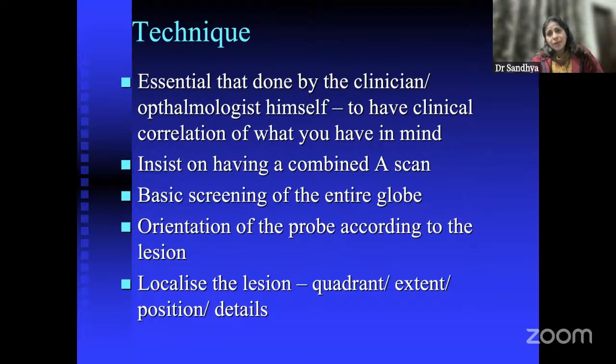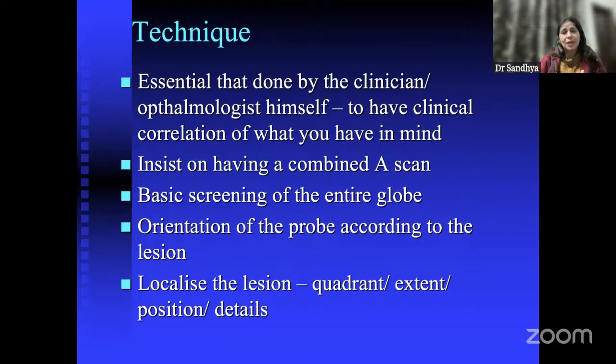So what is a combined A scan? Now you are doing a B scan. You're seeing a two-dimensional image, the whole image, on the screen. Combined A scan means there's a line of A scan spikes that is also showing you, at the bottom, how the reflectivity is, high or low.